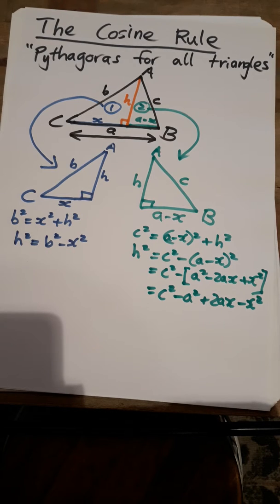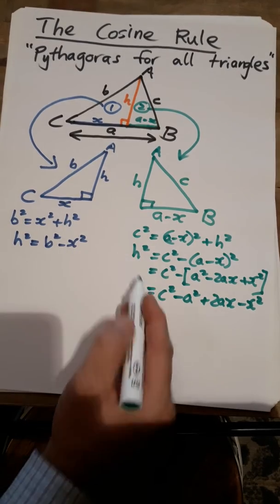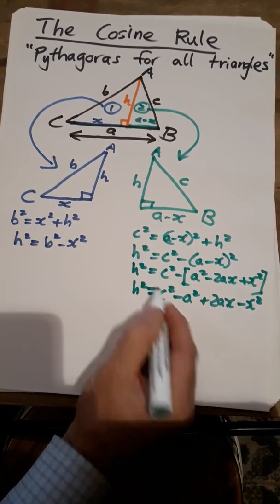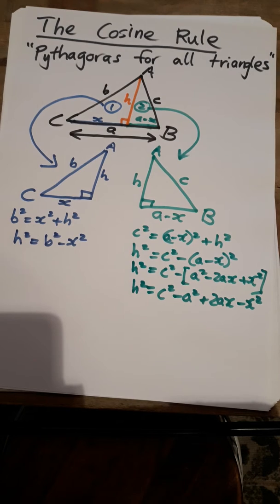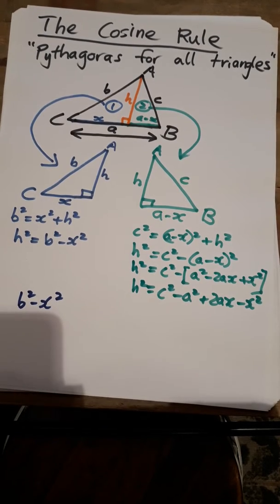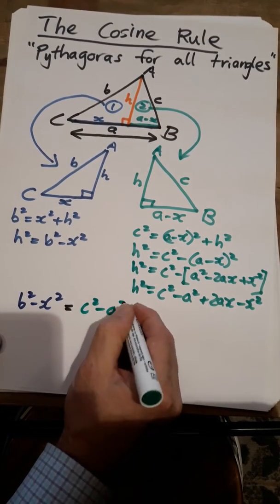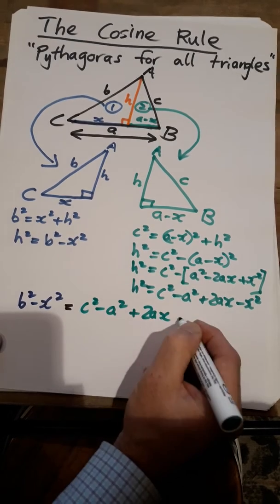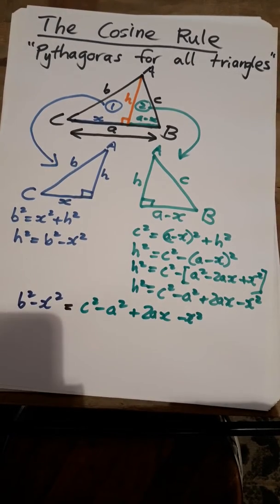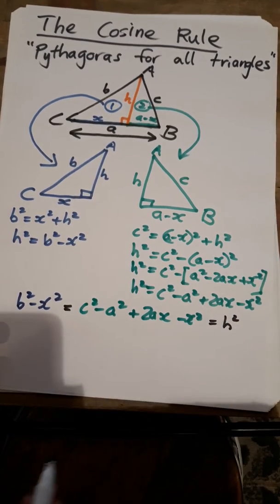So I know that h squared equals b squared minus x squared, and h squared also equals all of that. So that means I can say that b squared minus x squared is equal to c squared minus a squared plus 2ax minus x squared, because they both equal h squared.